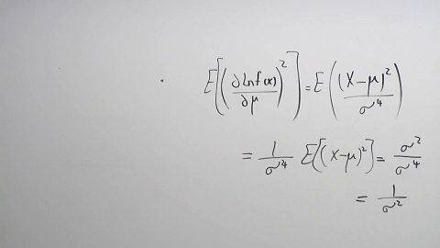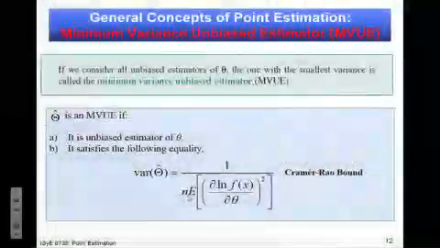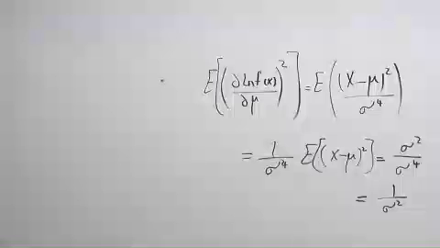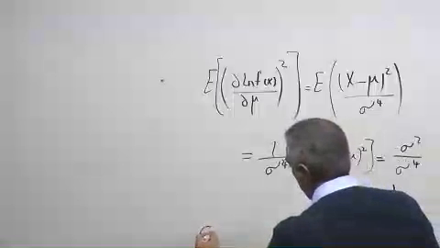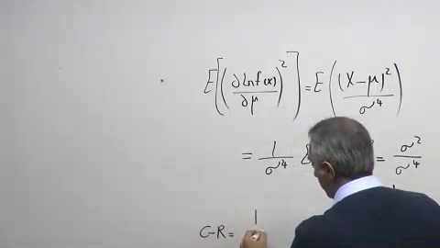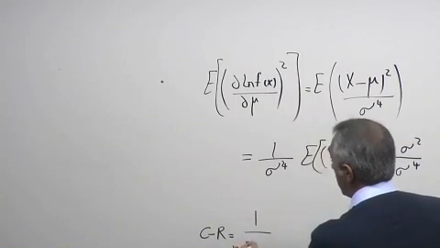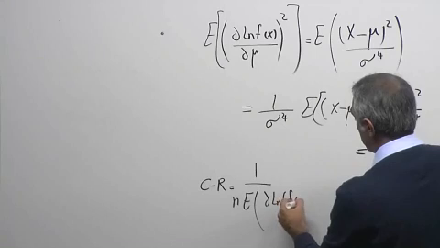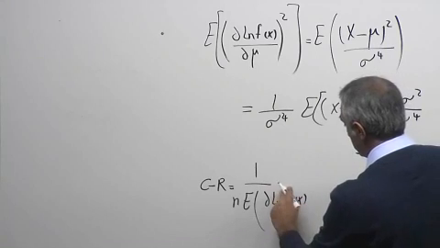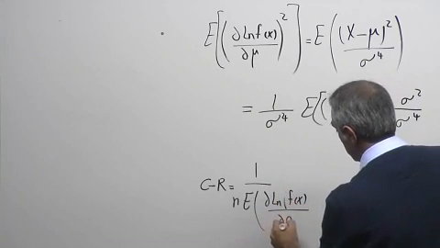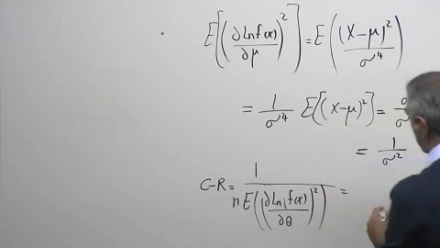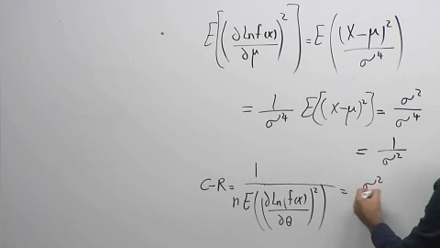Okay? You remember, if you look, this is 1 over n. So the Cramer-Rao bound is 1 over n times the expected value of this, which in this case would be sigma squared divided by n.